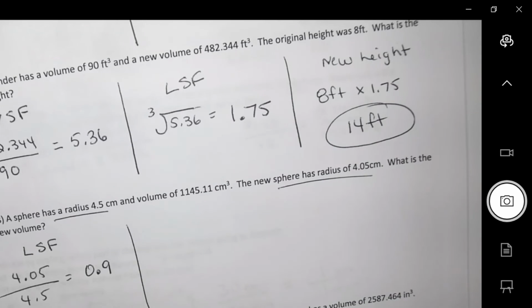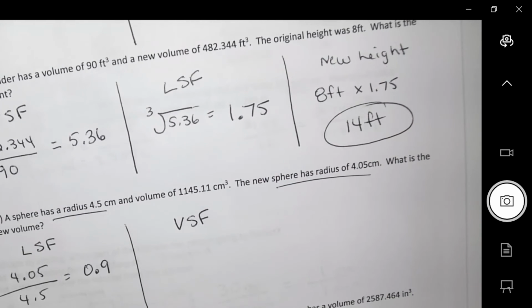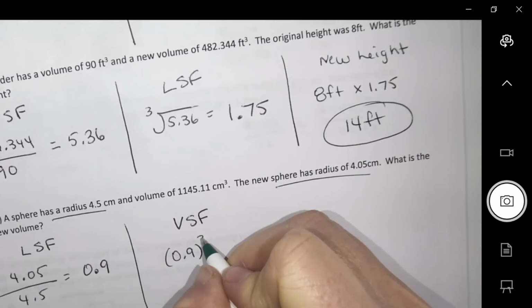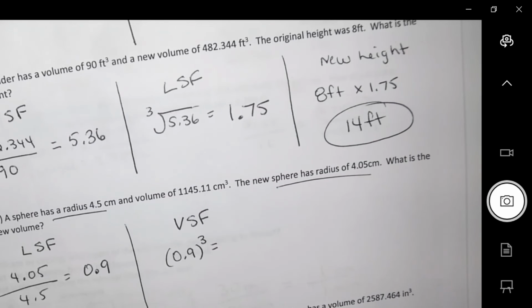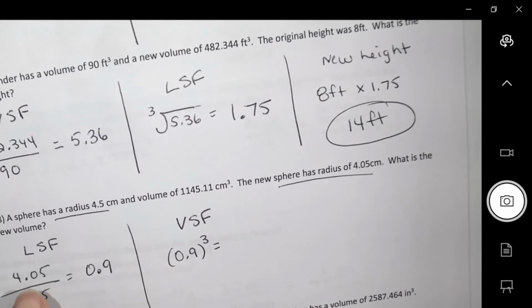Reduction scale factor. Okay, now get me the volume scale factor. So this time I'm going to cube it. Last time we went from volume to linear, that's cube rooting. Now we're going the opposite way, so we're cubing.